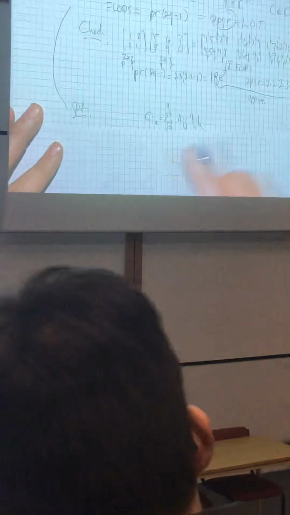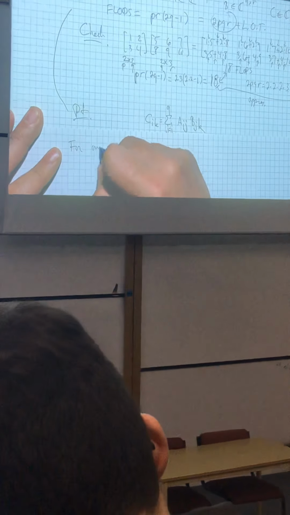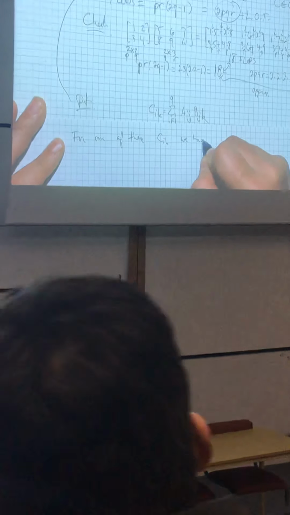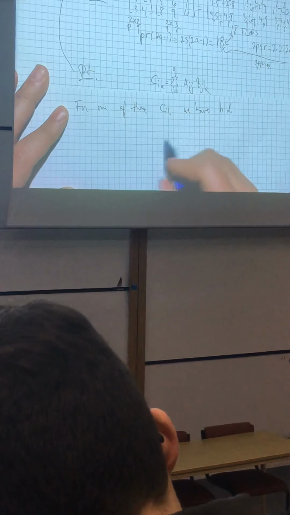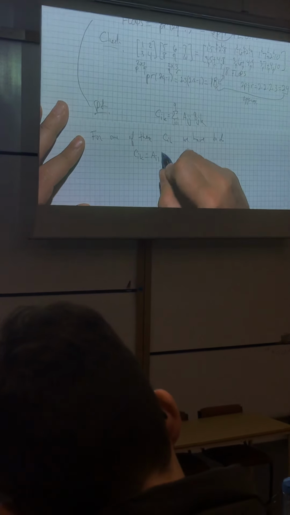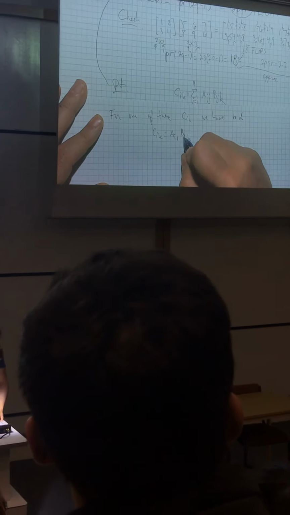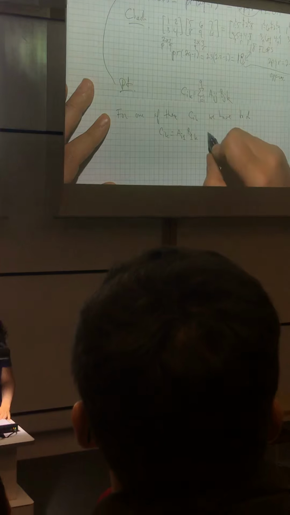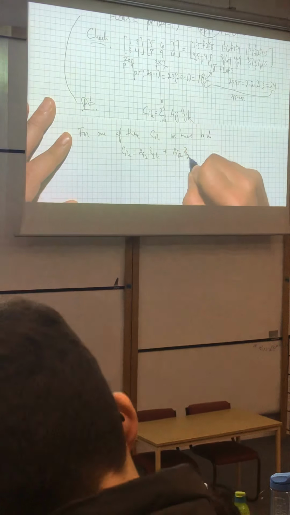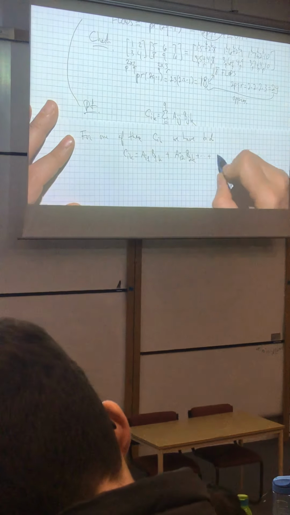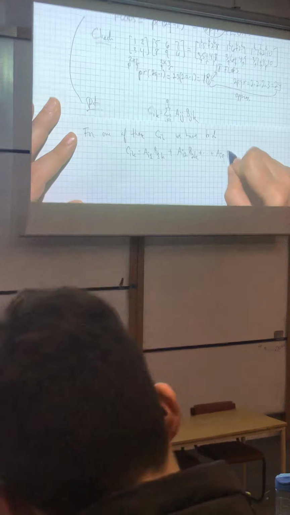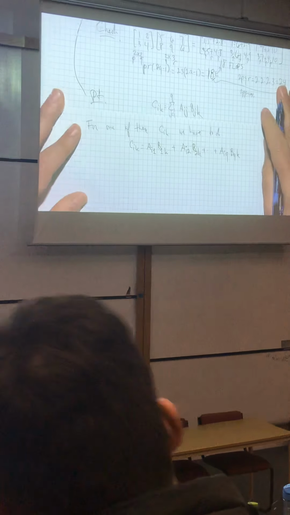So for one of these C_IK, we have to do C_IK equals A_I1 B_1K plus A_I2 B_2K and so on, plus A_IQ B_QK.